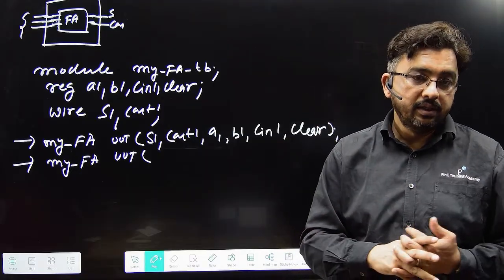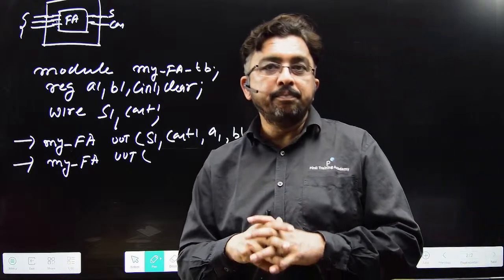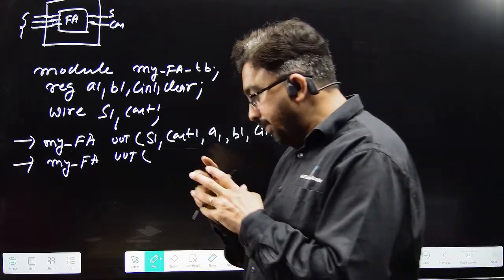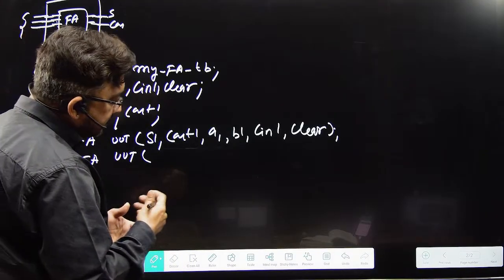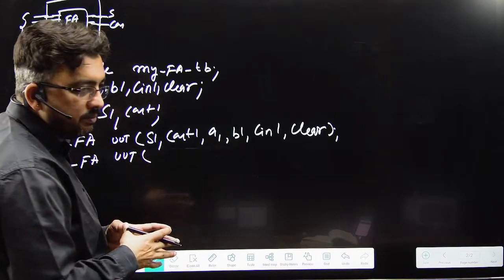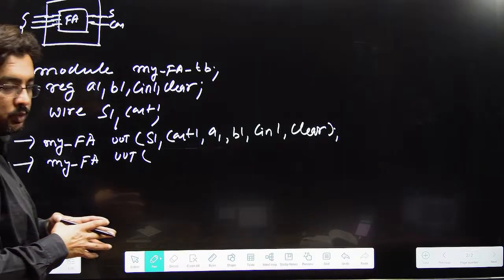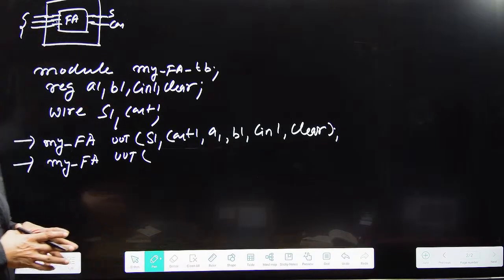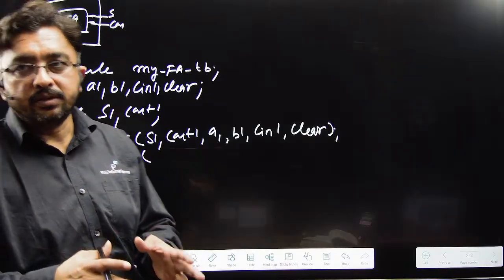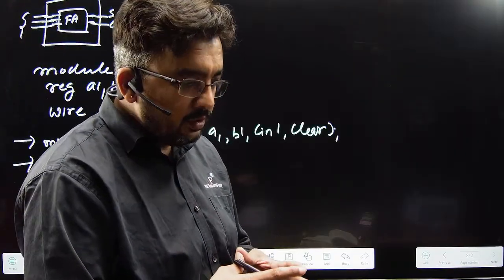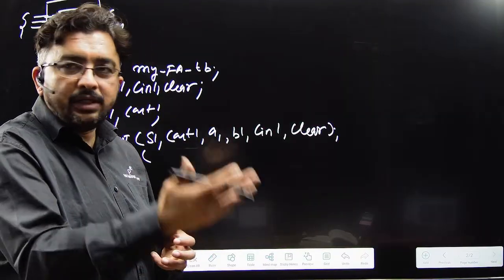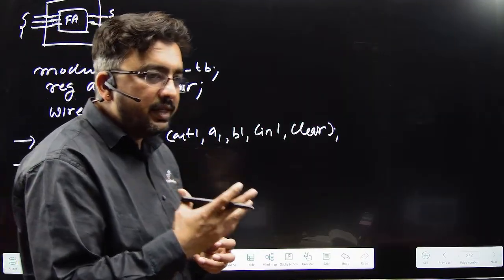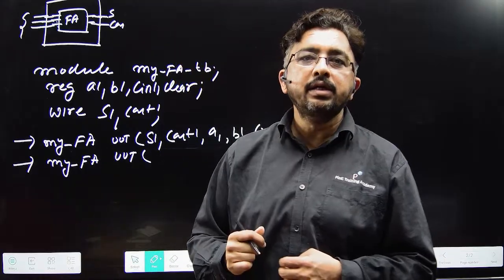But in a pin mapping, it is always a little bit confusing. In that case, you don't have to worry about the position. You have to just worry that you are connecting the right pin of the test bench with the right pin of the DUT.